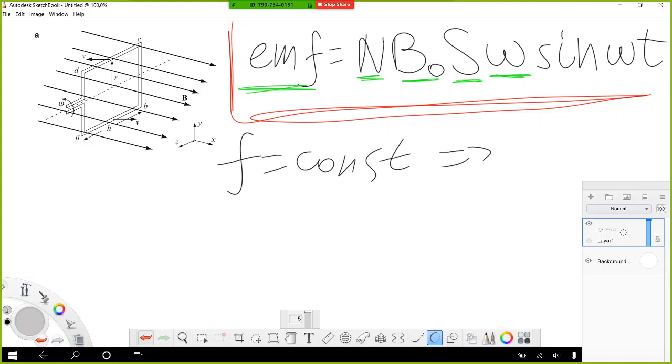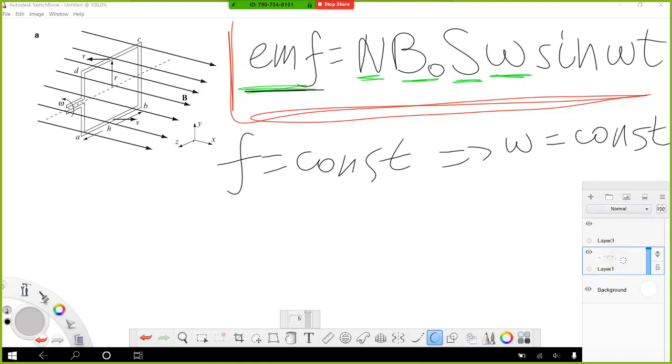That's why the angular velocity will be constant, and in order to change the value of EMF, you may change the number of turns, or magnetic flux density, or area of the loop.